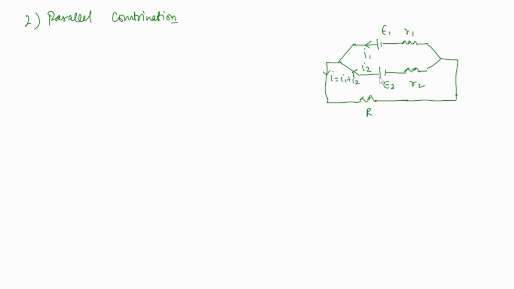Let's say this point is A, this point is B, this point is C, this point is D. Now, you know that the equivalent resistance will be 1 by R1 plus 1 by R2 for this circuit.